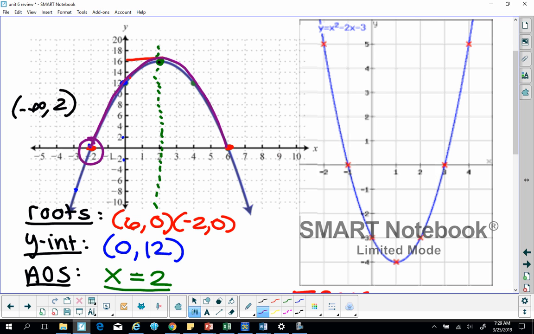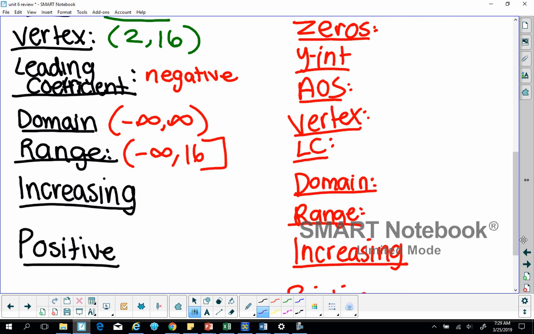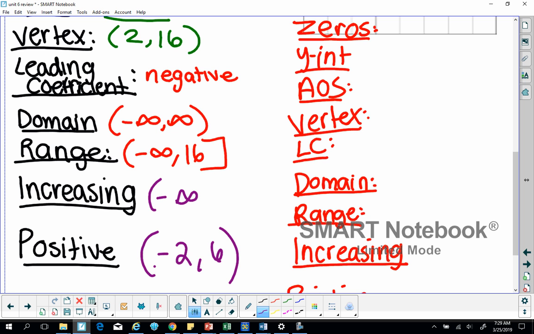What's this x value right here? -2 and 6. Notice those are the two that I used right there. So it would be positive between -2 and 6. So between those two x values is where the y's are positive. And increasing, we just said, was negative infinity to 2. Those are intervals.